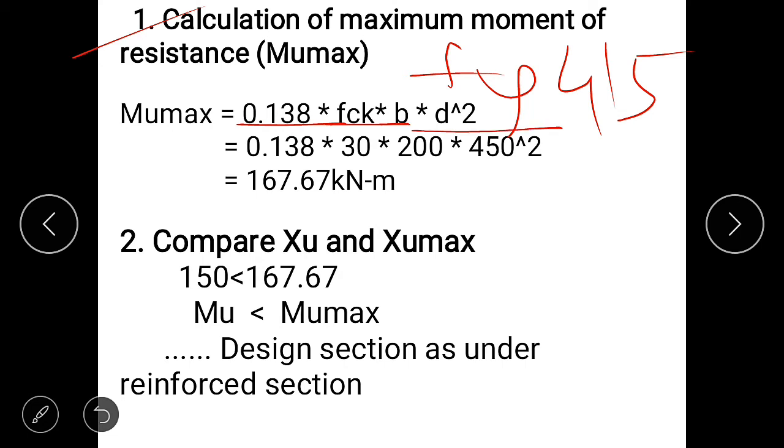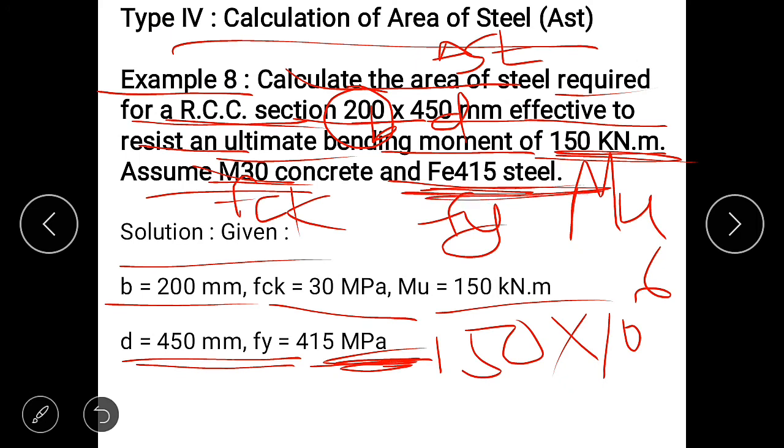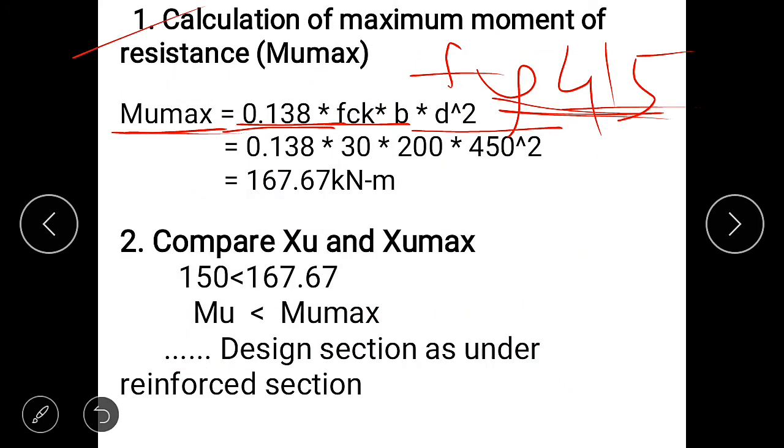This formula is different for fy 415, 250 and Fe 500. For fy 500 the formula is 0.133 fck b d square. So for fy, here the grade of steel is given as fy 415. So for fy 415 the formula is 0.138 fck b d square.